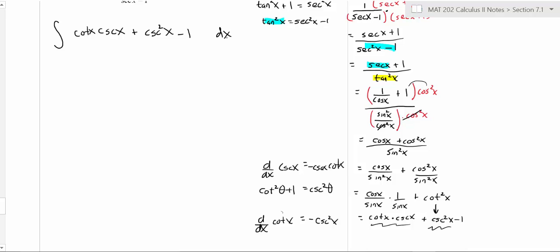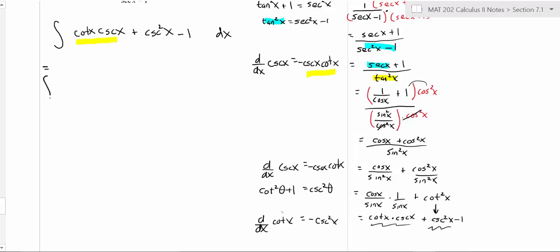Okay, and the key thing that I want to write on here is, again, we know the derivative of the cosecant of x is equal to negative cosecant x cotangent x. Okay, so notice this thing matches almost with that. It's off by a negative, but we can deal with that okay. So I'm going to go ahead and break this up into several integrals.